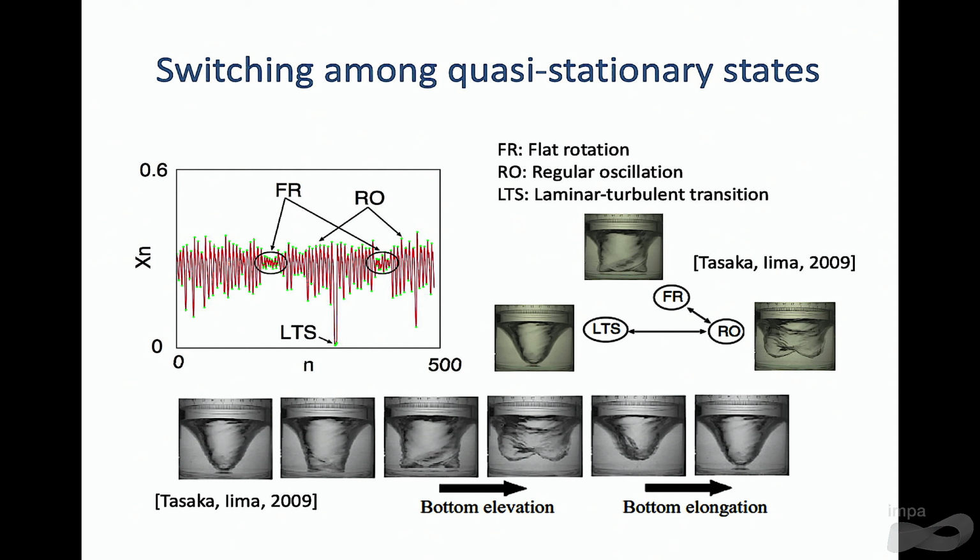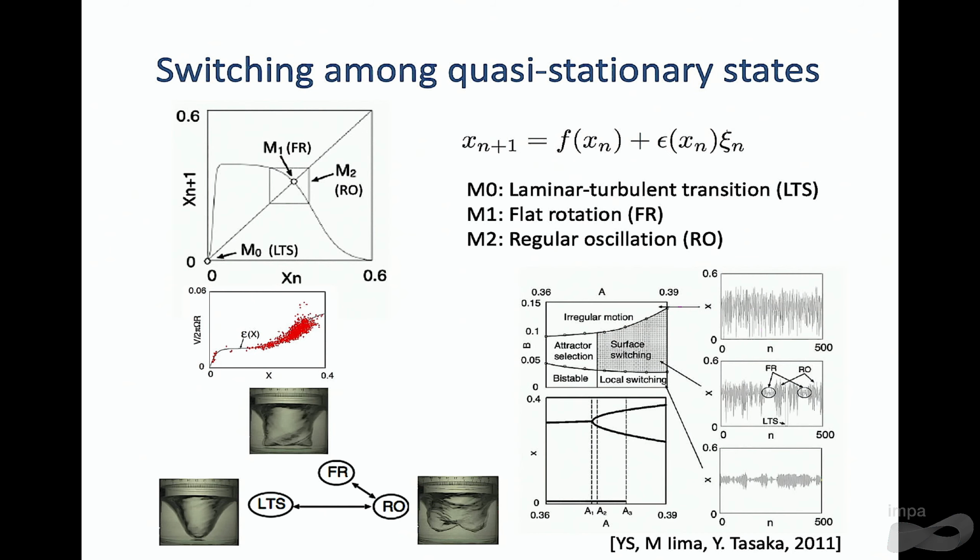And the Navier-Stokes equation doesn't work because this boundary condition is too complicated. But we could have this kind of data-based model, actually just a random return plot, have this nice small random map, and do this bifurcation analysis and phase diagram, and regenerate this experimental data.